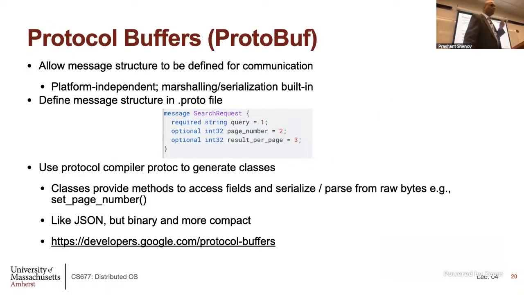So let me show you an example of protocol buffers, and then we'll show you some quick examples of gRPC. By the way, this is also part of your lablet, so you can look at some gRPC code and run it and see how it works. So what is a protocol buffer? These are essentially message-based data structures for communication.